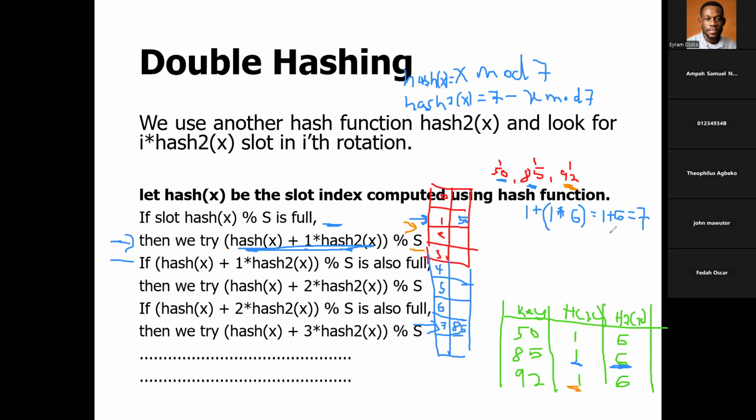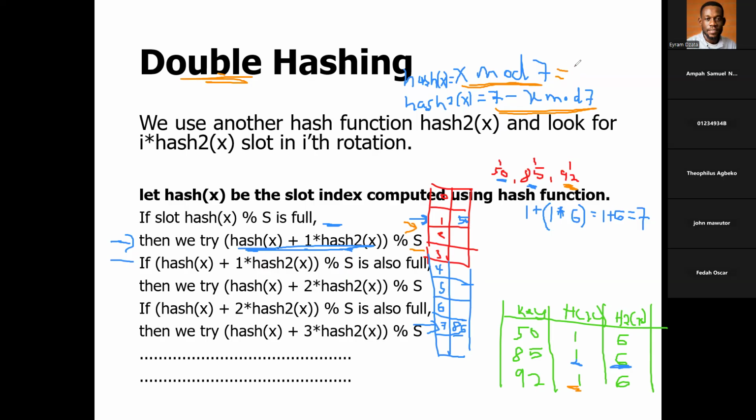A student asks: after getting the 7, are we not to take mod x on the 7 again? No, because of what is written over there, there is another mod x. We are looking at 2 hash functions when we are doing double hashing.